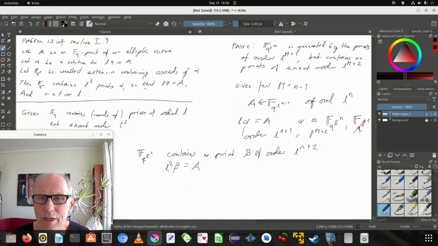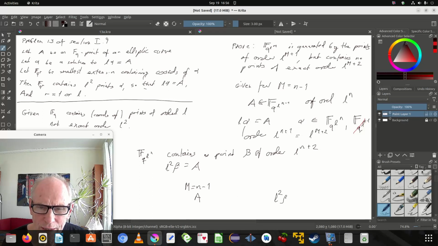This is not really clear, I need to write it a little. So what we have here is m equals n minus 1. And then we have A lying in here. And then we make an extension.